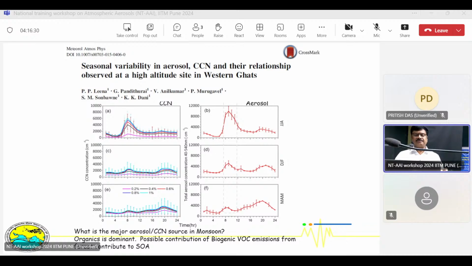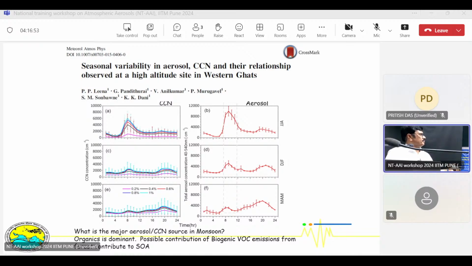If you look here, this is the aerosol concentration in different seasons. You are seeing some different peaks, right? In monsoon, you see a morning peak, then a very small peak in the afternoon. Whereas in winter, there is a morning and afternoon peak, almost equally dominant.